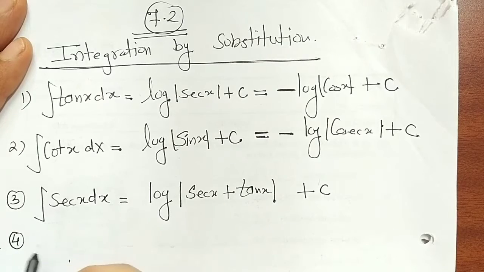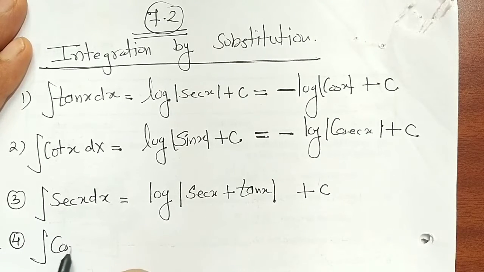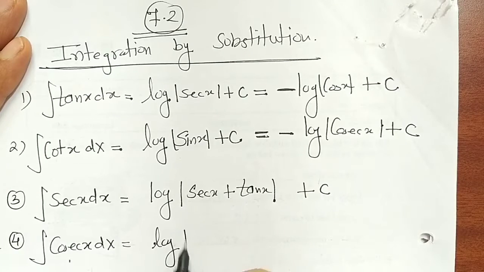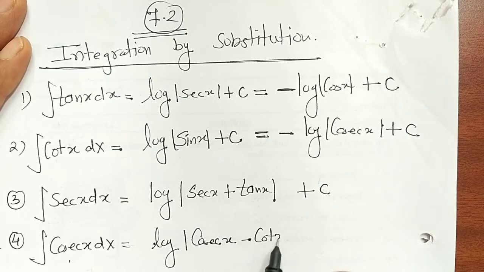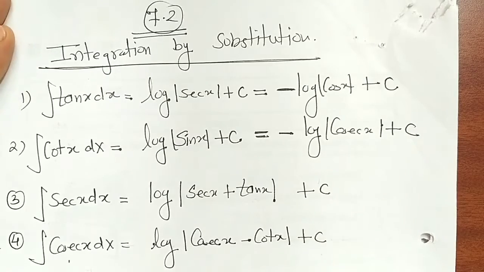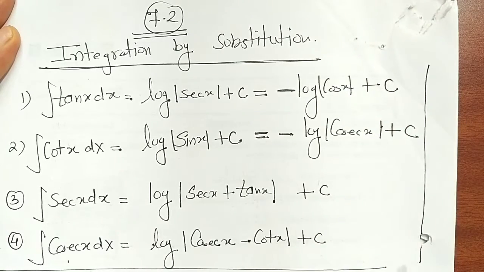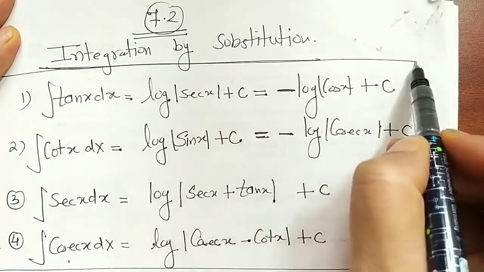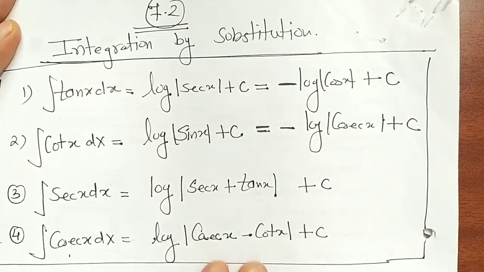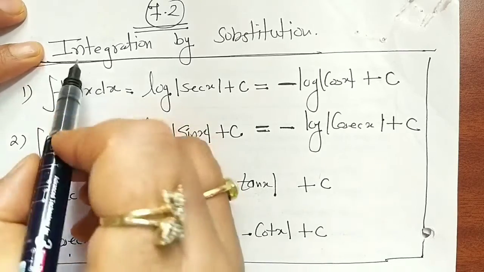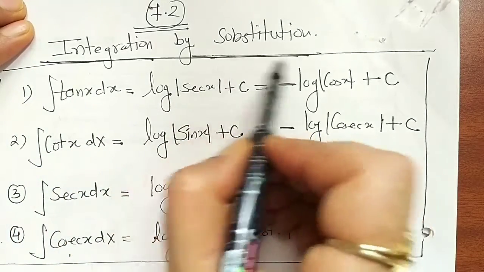And the last formula for this exercise is integration of cosec x dx is log of cosec x minus cot x plus c. Please remember these formulas, not only for this exercise but for the coming exercises. 10 formulas previous and 4 more. Okay. So I will explain, taking one example, what is the meaning of integration by substitution.